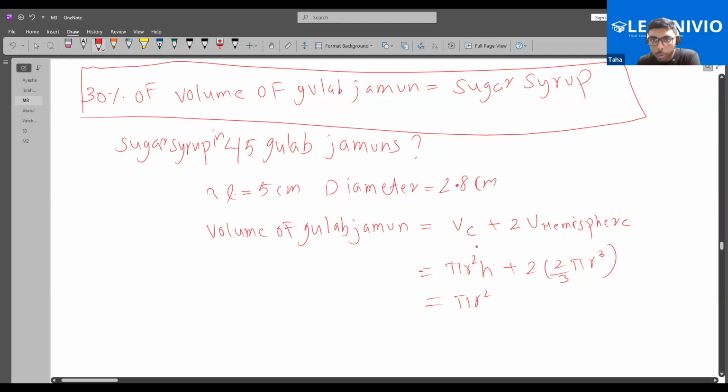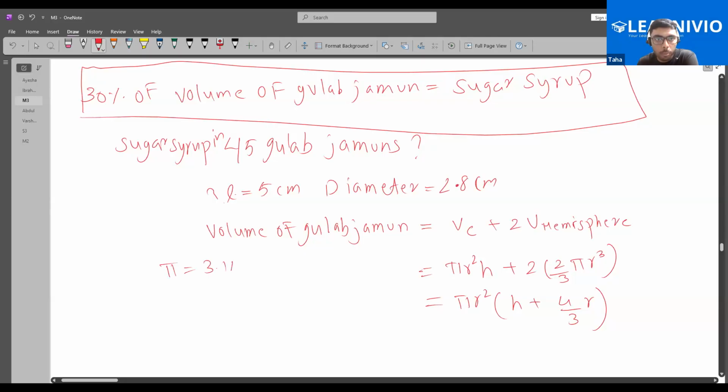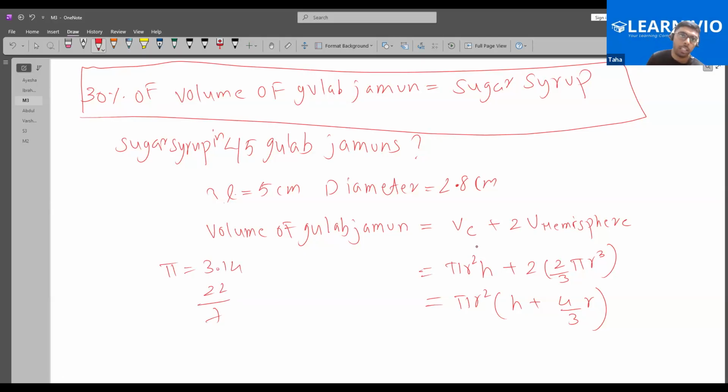So 2 pi r square, you can take out, then h plus 4 by 3 r. This is much easier to solve, and a lot of times what I have observed is that if you substitute and calculate directly, the answers come out wrong, because a lot of times pi is not given to us as 3.14 or 22 by 7. Because of this approximation, the answers deviate from the correct answer. So it's much better to take out the pi r values as much as possible.